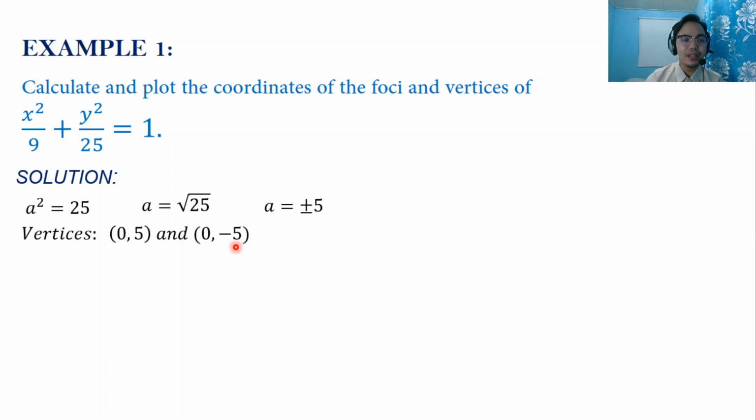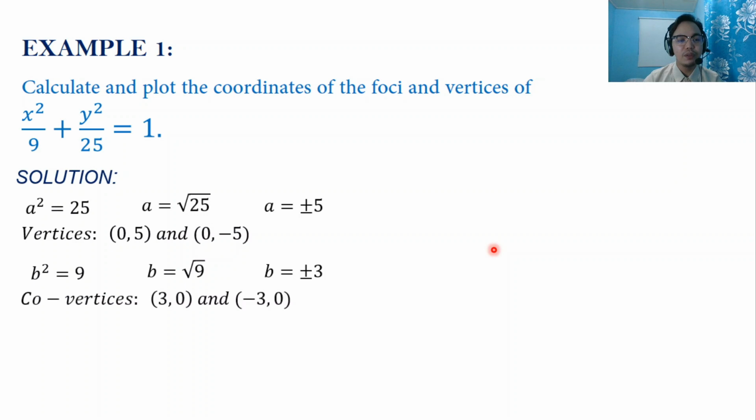Next, to find the value of b, we have b squared equals 9. So b is equal to square root of 9 and b is positive negative 3. Now for our co-vertices, we have 3, 0 and negative 3, 0. Then to find the foci, we're going to use the formula c squared equals a squared minus b squared.